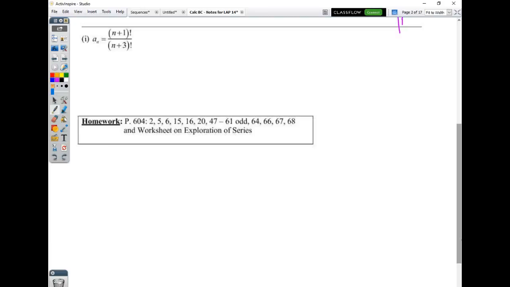Okay, last one. A sub n is equal to n plus 1 over n plus 3 factorial. Oh, you have an exclamation point. Okay, remind me what these factorials are.